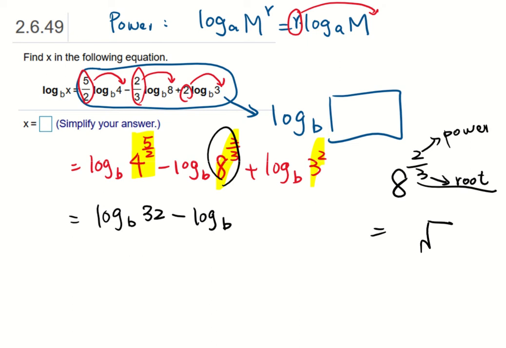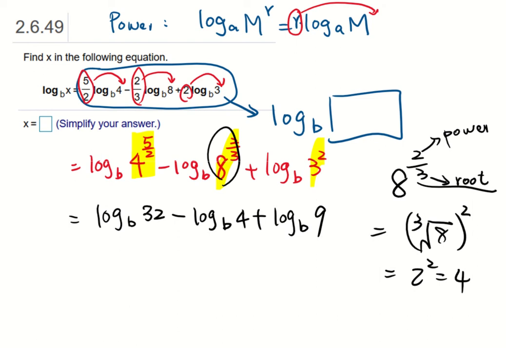So third root, cube root, right, of 8, and we'll square whatever we have. So cube root of 8 is 2. 2 squared is 4. So that becomes a 4 plus log base b of 3 squared, that's 9.